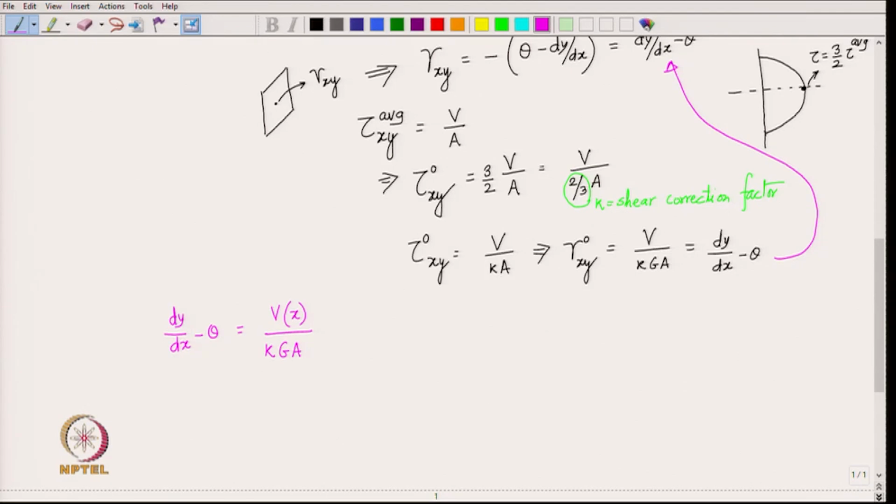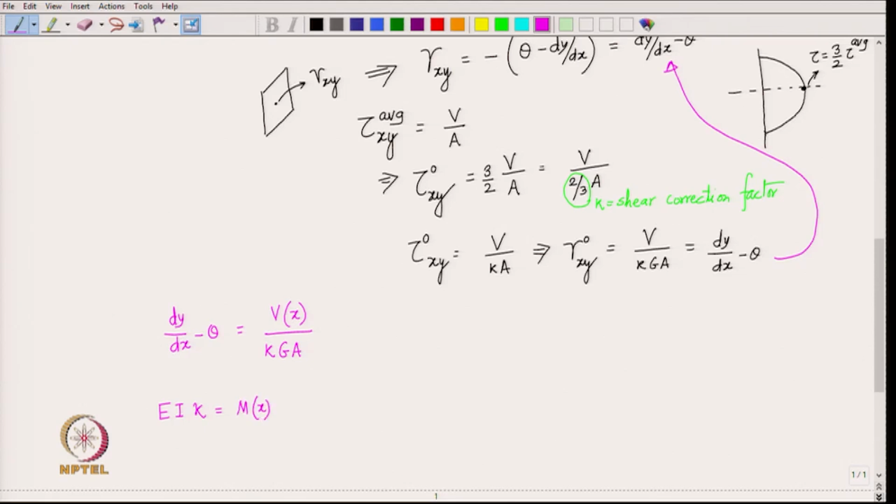moment curvature relationship. Okay. So, we have learned from the bending of beams that E I times the bending curvature is equal to the bending moment m, right.